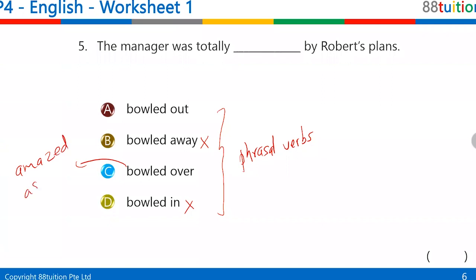When you learn English, think of what other words can be used. You can say the manager was totally astounded, totally amazed, totally surprised by Robert's plans. So you should have a small book where you can keep new words, write down new words that you learn every day.